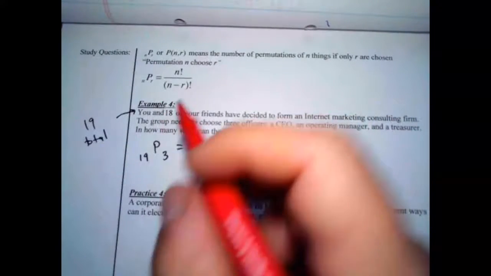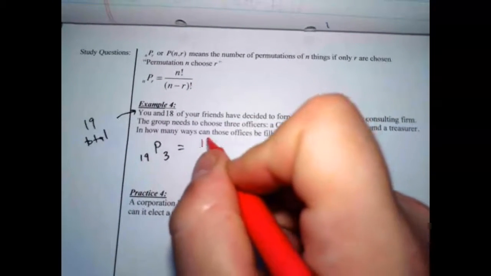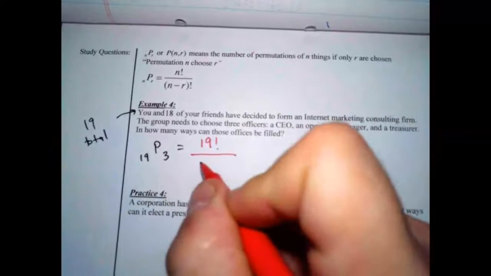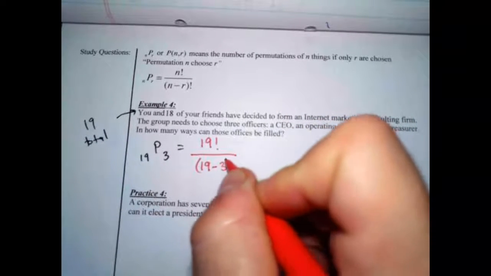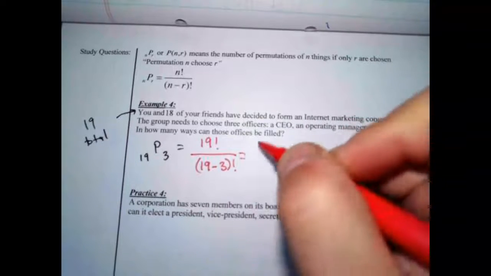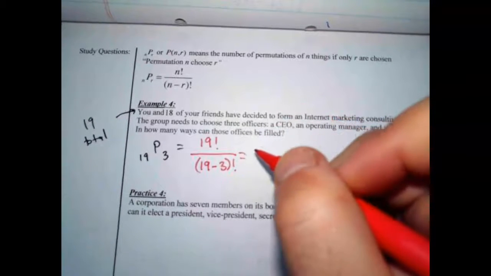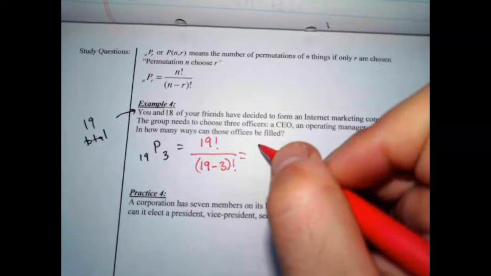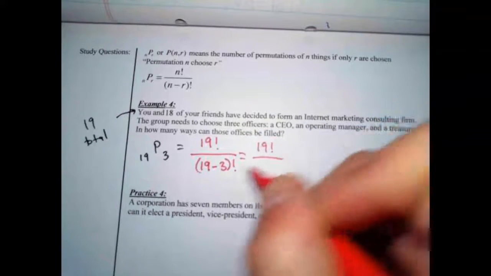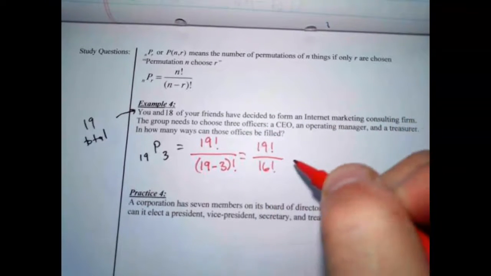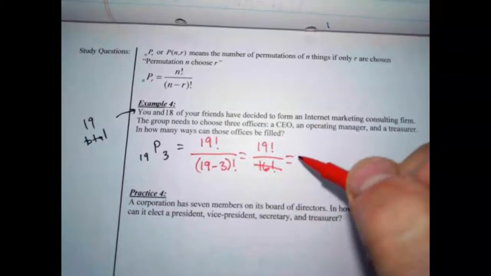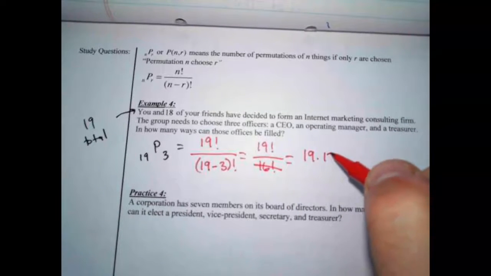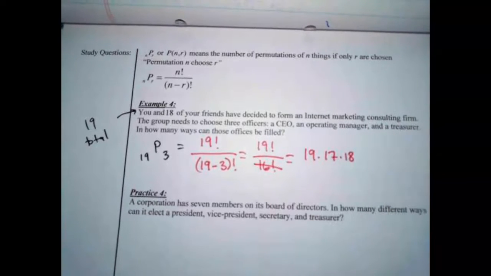You would take the n number, in this case 19 factorial, and then put it over n minus r, so 19 minus 3 factorial. So you see how this applies to those problems we were doing at the bottom of the front side, right? Because this 19 minus 3 is 16 factorial, and now it looks like those problems where the entire lesser factorial will cancel, leaving me with 19 times 18 times 17.